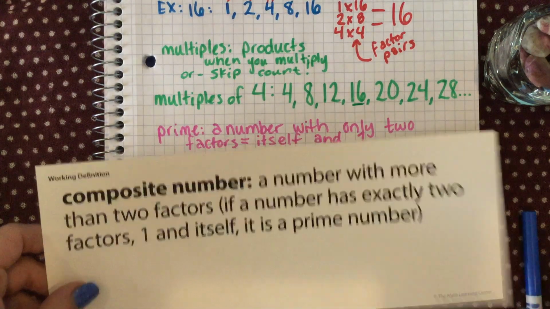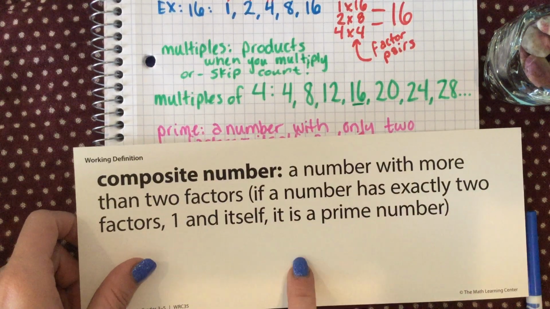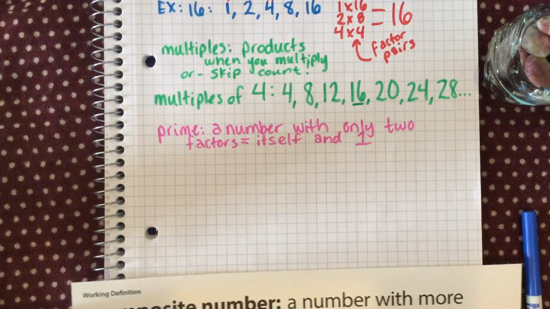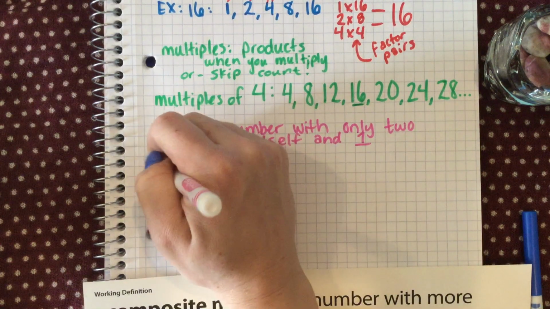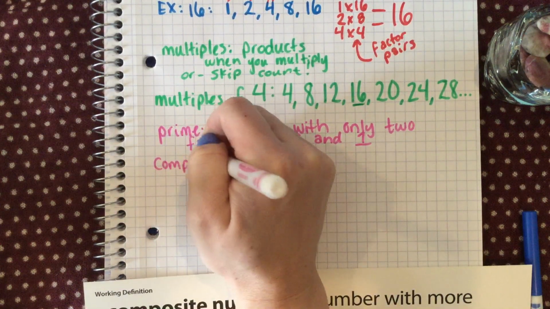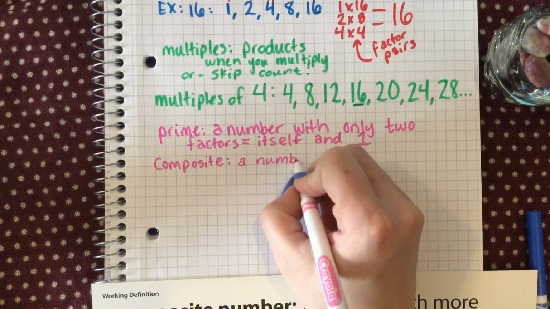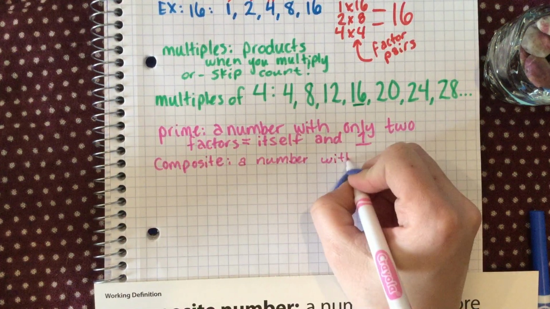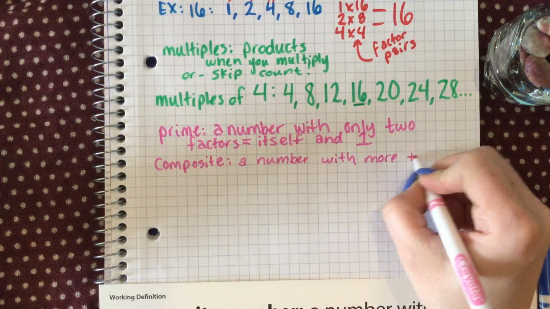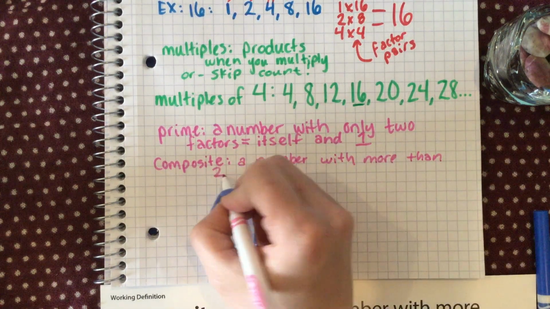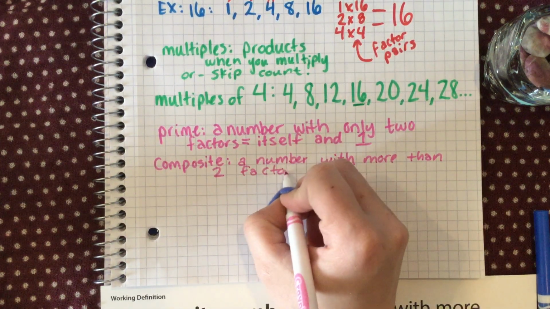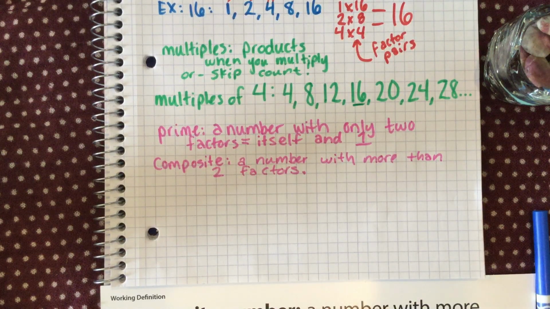A composite number is a number with more than 2 factors. Okay, so that's a pretty simple definition. Composite, a number with more than 2 factors. I'm not going to name the factors because it really depends on the number.